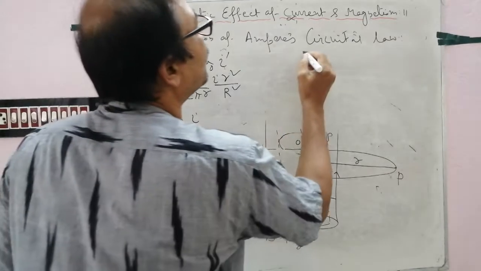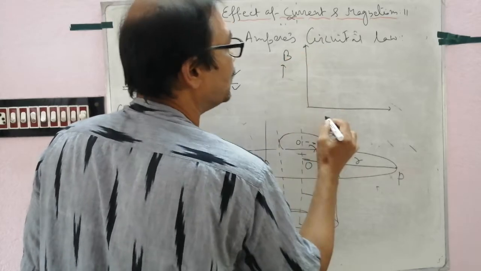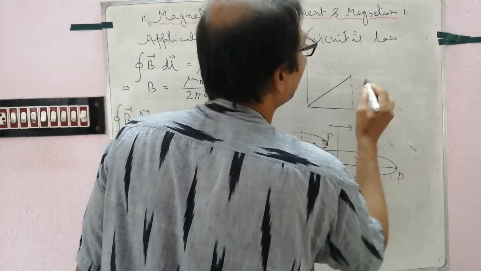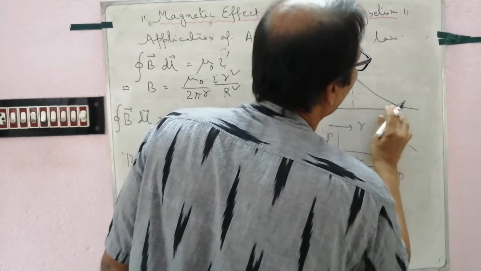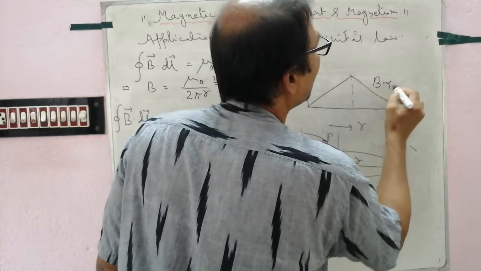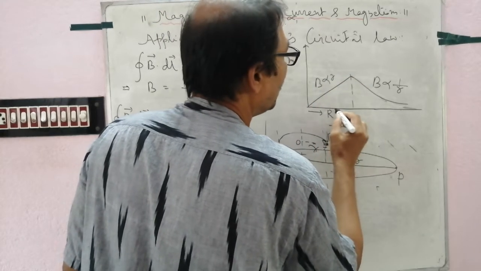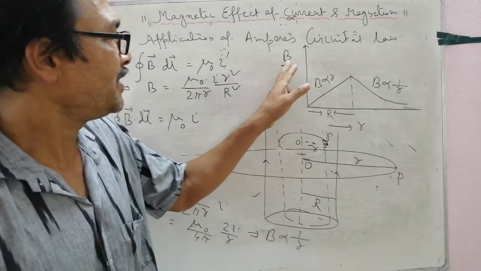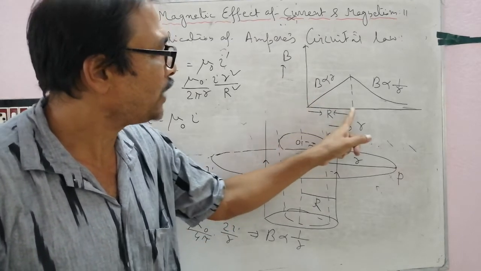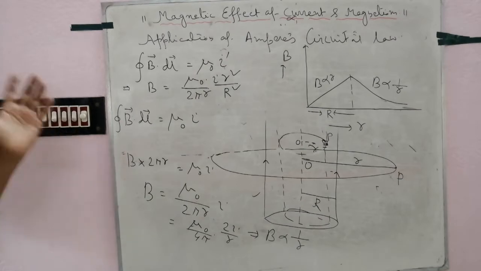Follow. With B on the y-axis and distance from the axis on the x-axis, from the axis to the surface B is proportional to r, reaching maximum at the surface, and beyond that B is proportional to 1 by r. This is the graphical representation. Very important question.